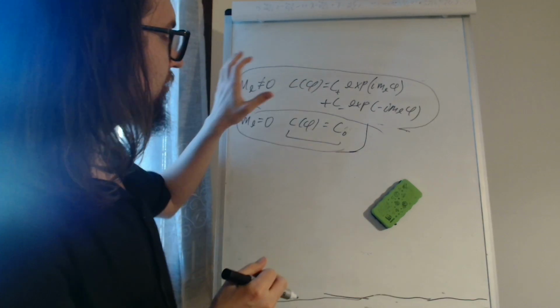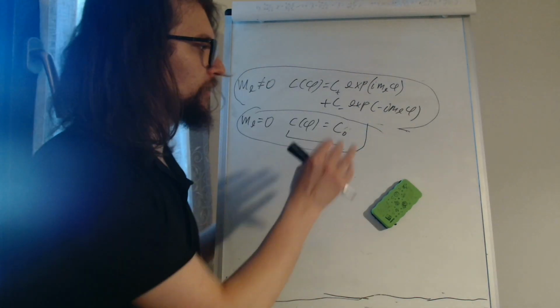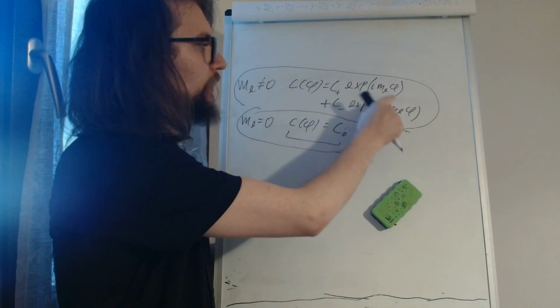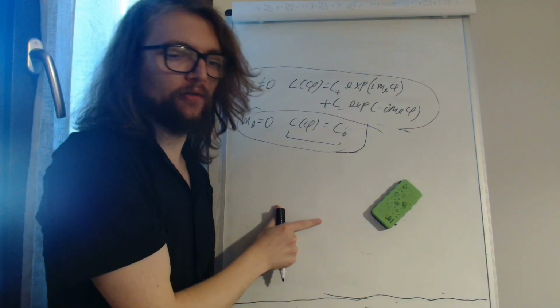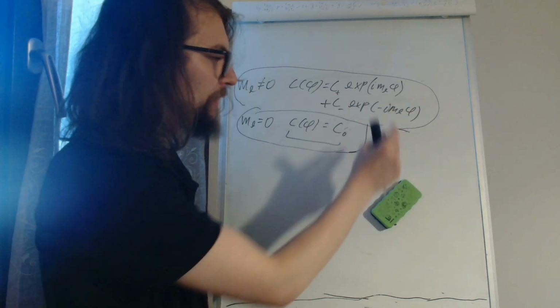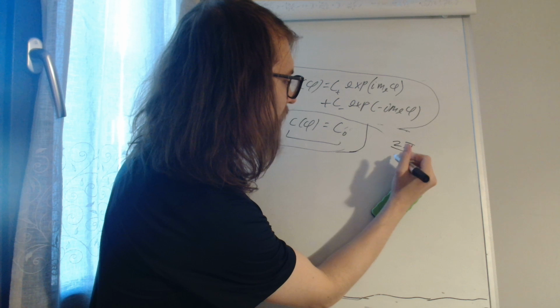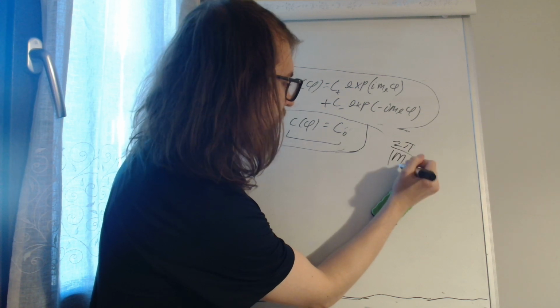And instead, concerning this solution, when is it periodic of 2 pi? We have an imaginary exponential, so we have sinusoidal functions with ml phi, and they have period 2 pi divided by the modulus of ml.